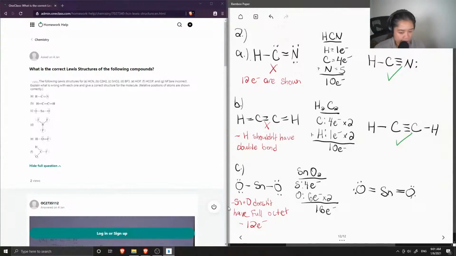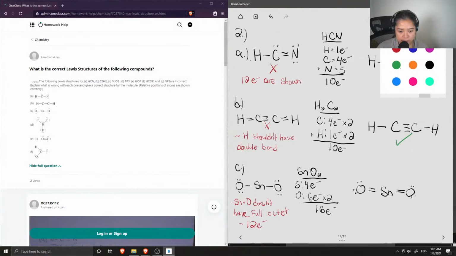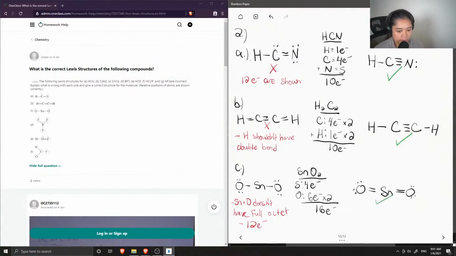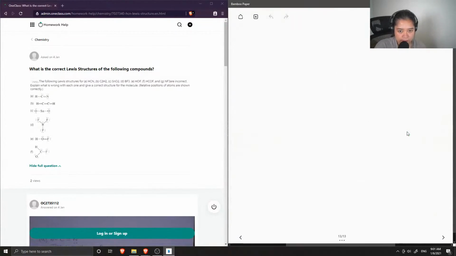And now if we count out all the electrons in this molecule, you'll see that it is now 1, 2, 3, 4, 5, 6, 7, 8, 16. Okay, so let's start a new page and go to the next molecule.